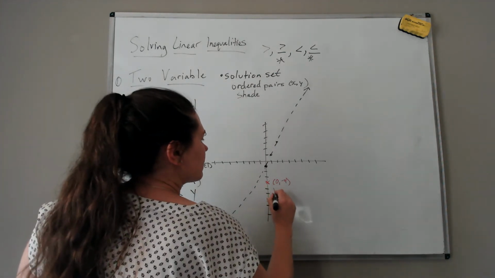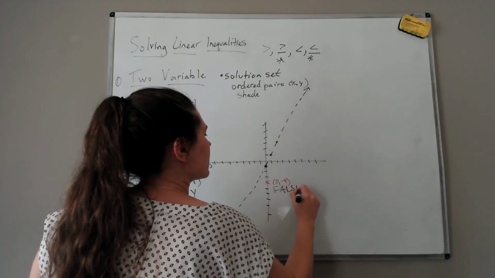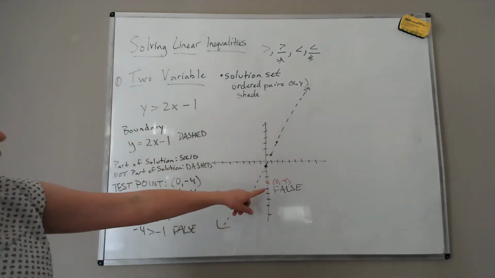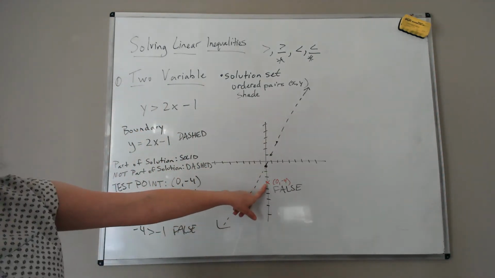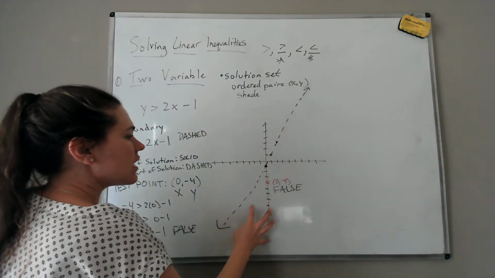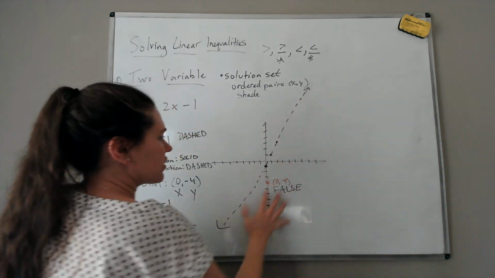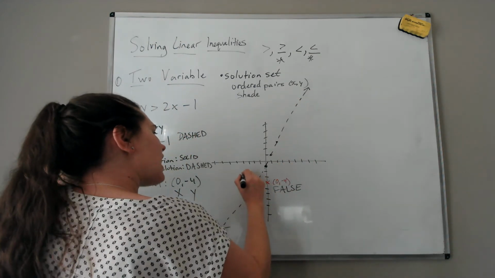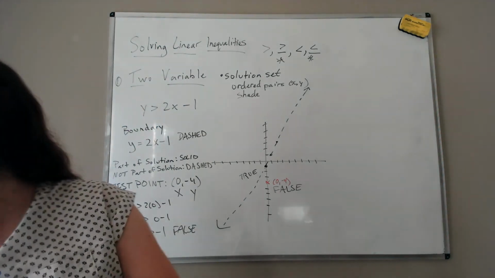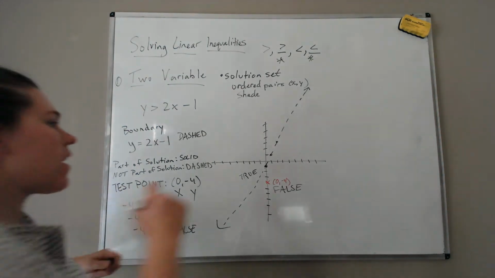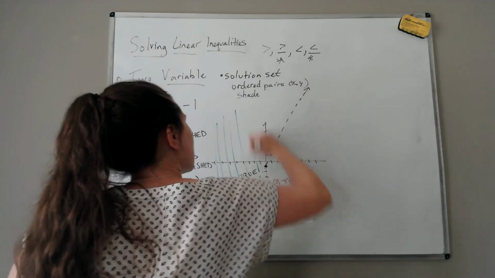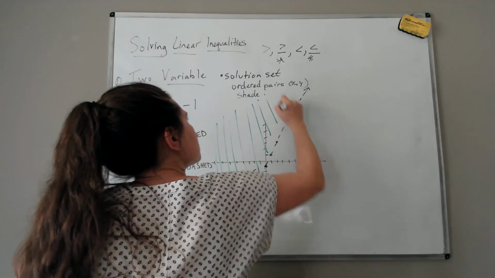And the point is on the right-hand side of the boundary. So if that point is on the right-hand side and it's false, that means that this entire side would be false answers. That means the entire other side is true. So your solution would be every single coordinate point on the left side of the boundary.